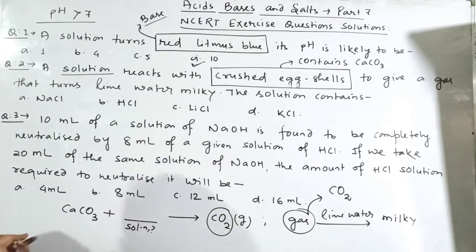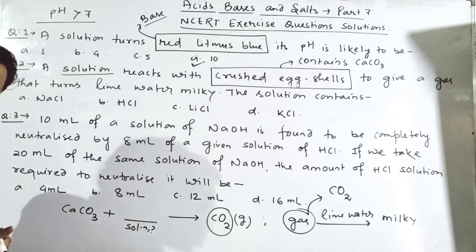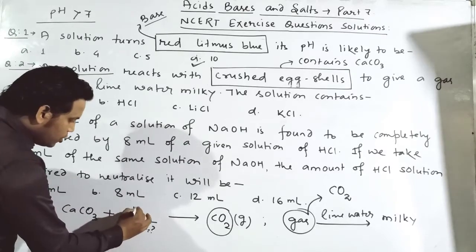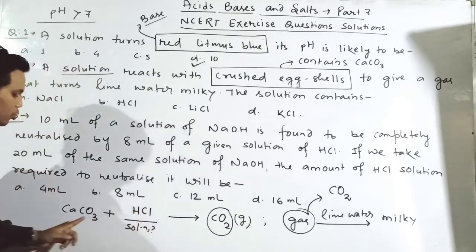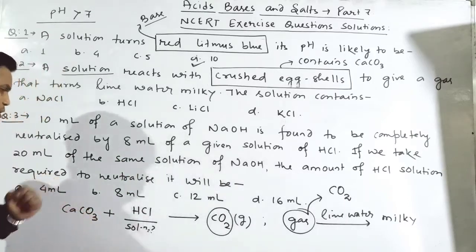And we know that calcium carbonate is also known as limestone. So limestone reacts with HCl to produce carbon dioxide gas. What else will it produce?